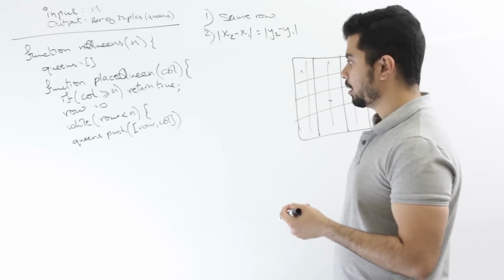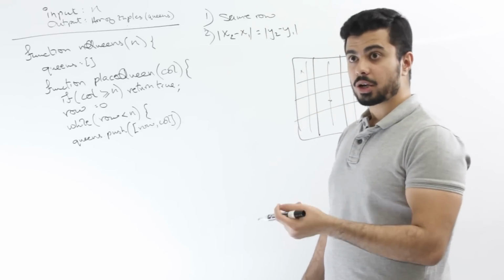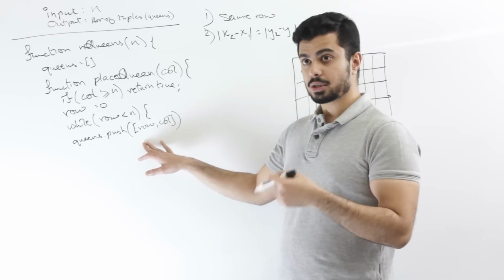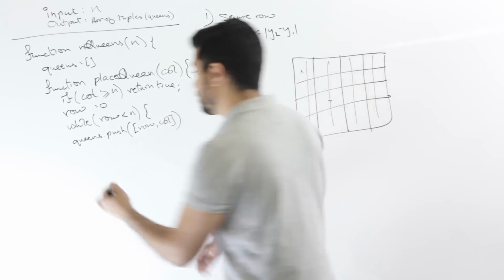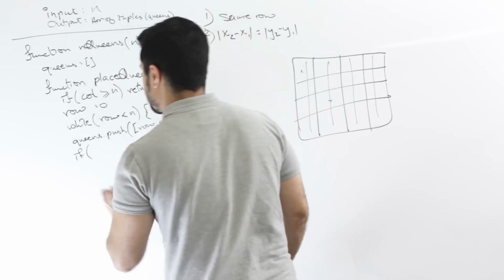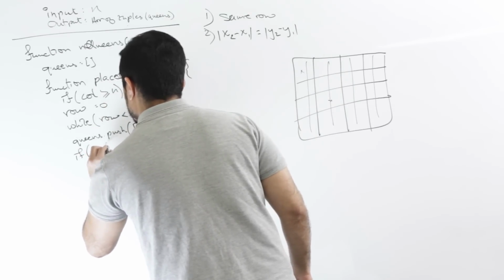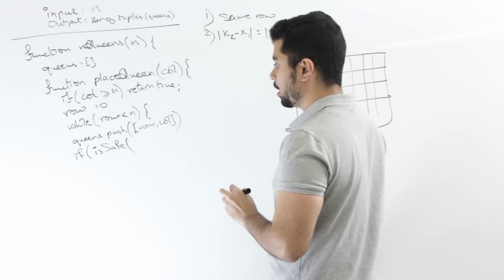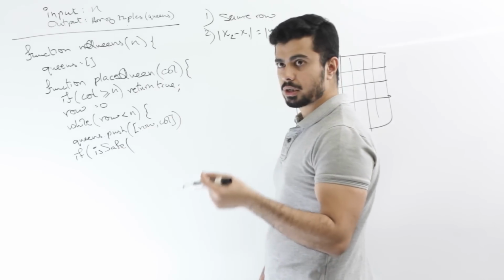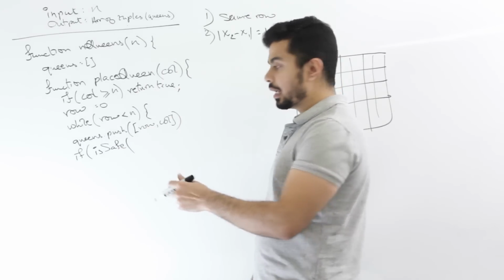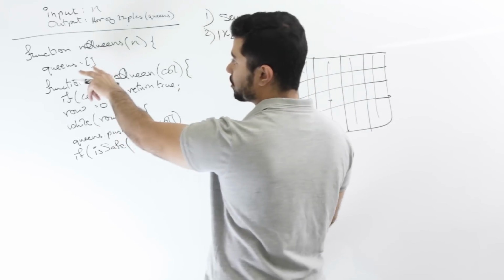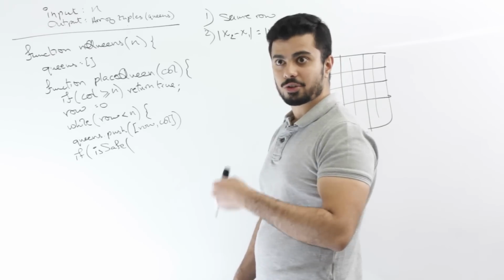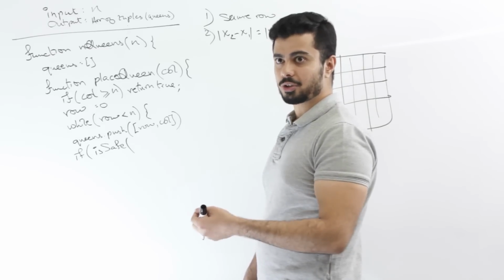So I push it. Now what do I do? Now I check whether this particular coordinate, if I place a queen in this coordinate, it's actually safe, right? So let me say if is safe. What do I do? Let's say I give it the row and column to this function, and this function should have access to my queens array, and it'll be able to check whether or not there are any threats at that particular coordinate.